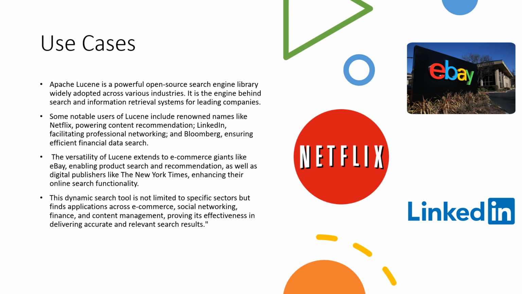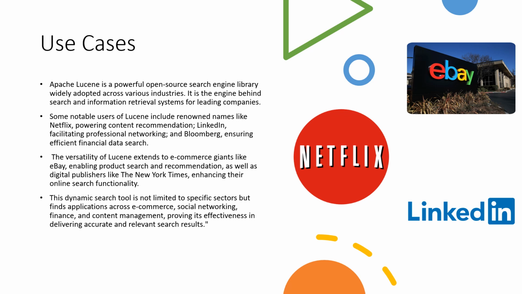Bloomberg utilizes Lucene for efficient financial data search, enhancing its services for users in the finance industry. Lucene's versatility extends to e-commerce giants like eBay, where it enables product search and recommendation systems, contributing to a smoother shopping experience. Digital publishers like the New York Times also benefit from Lucene by enhancing their online search functionality, ensuring users can easily access relevant content.